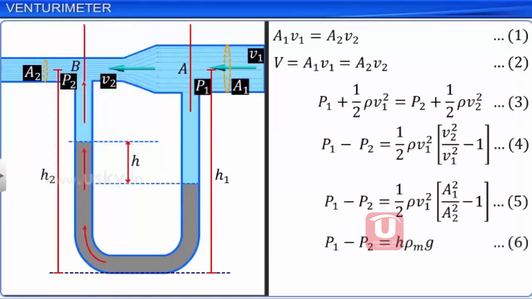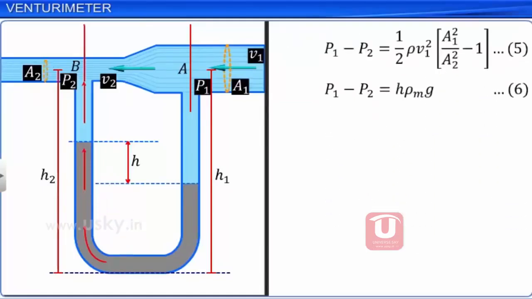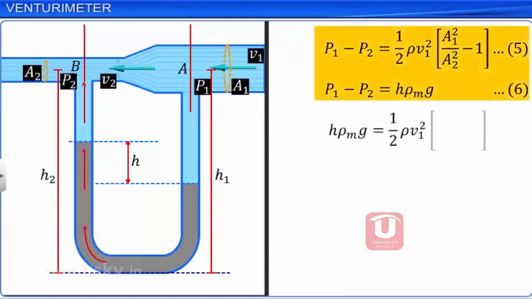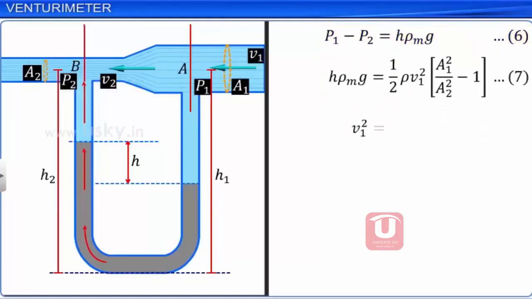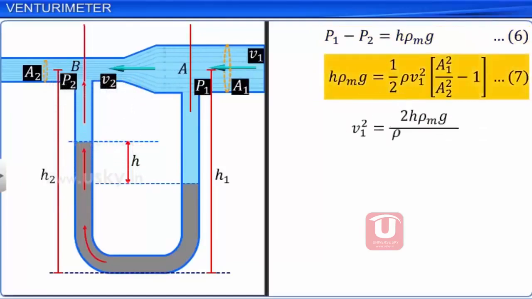Equating equations 5 and 6, we get equation 7 as shown. Simplifying equation 7, we get the expression for velocity V1 as shown in equation 8.